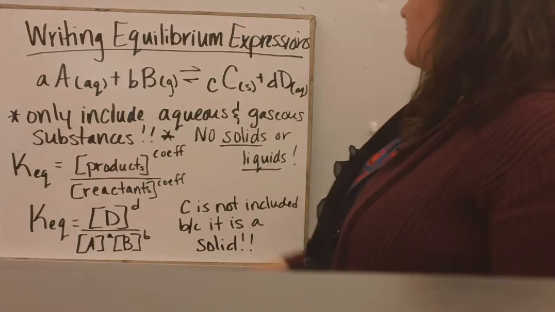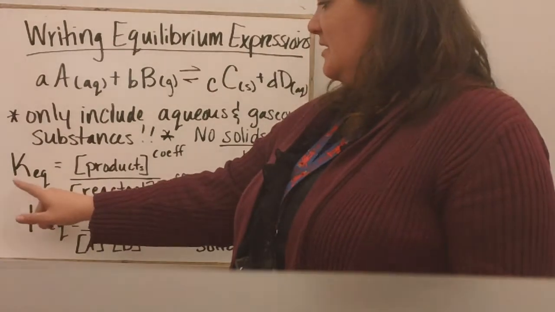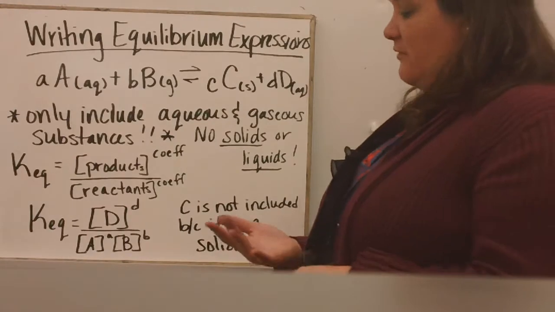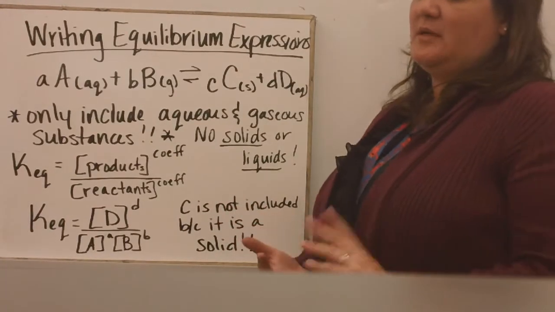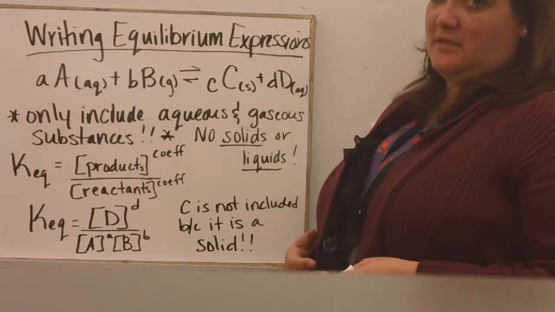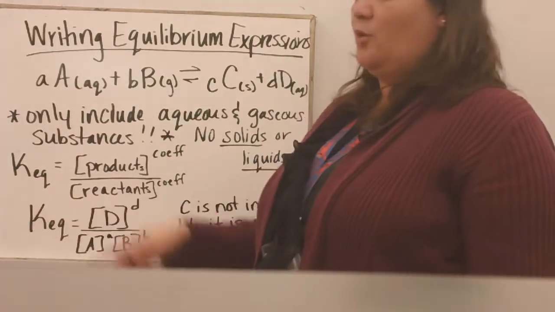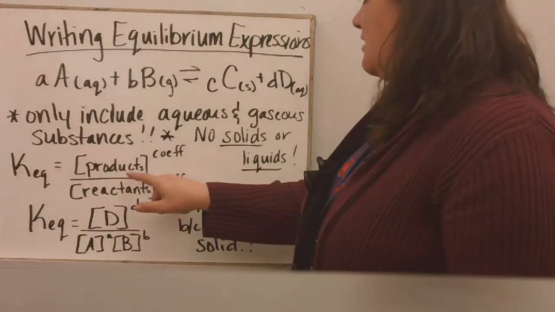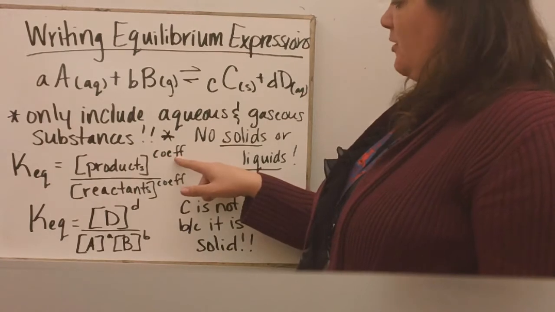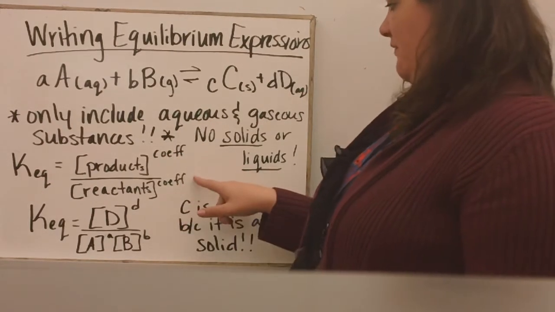So we have that the equilibrium constant K, sometimes expressed as KEQ. You'll see it written as K, KEQ, KC, also sometimes KP, and we'll talk about some of those differences later on. But mostly we'll see KEQ or just K. To write an expression, you do the concentration of the products raised to their coefficients divided by the concentration of the reactants raised to their coefficients.